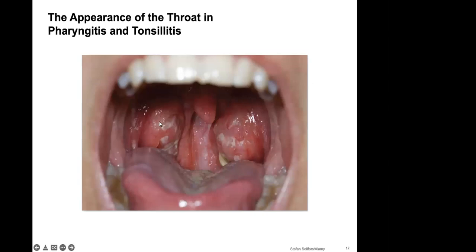And here you can actually see, looking in the back of the throat, these white patches, which is essentially the bacterial plaques that are formed there. And oftentimes you can even get a little bit of an odor depending on the causative agent here.